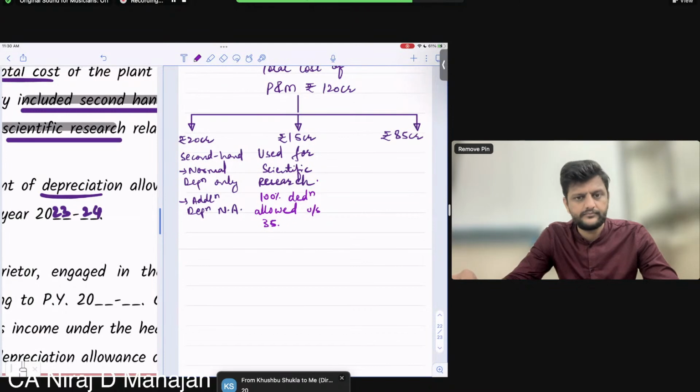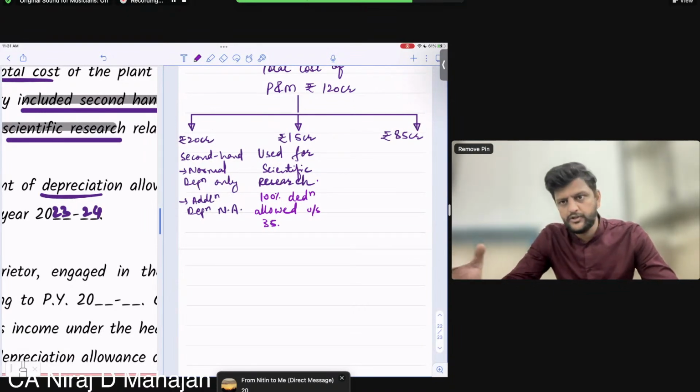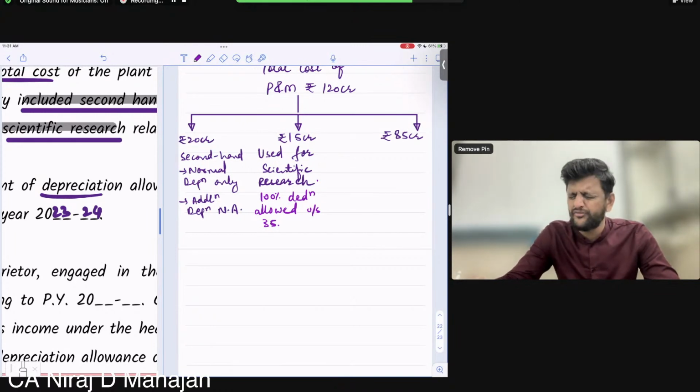Nitin? Okay. But yesterday we discussed, if 100 rupees is the cost of the asset, I can take maximum benefit of 100 rupees, either through deduction or through depreciation. If my cost of the asset was 100, I can't take benefit of more than 100 right now. Okay? Clear till here?